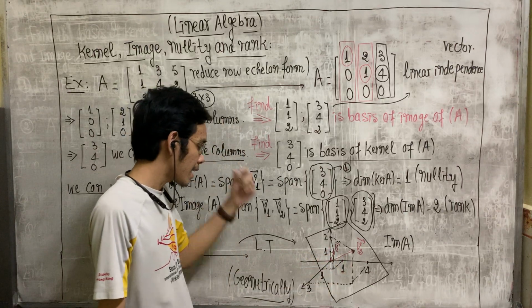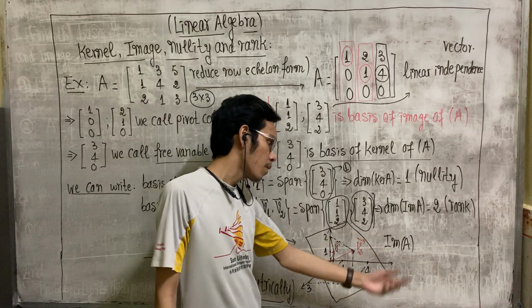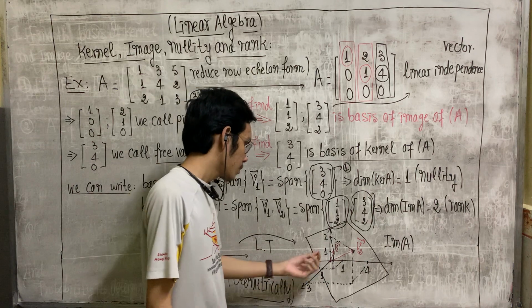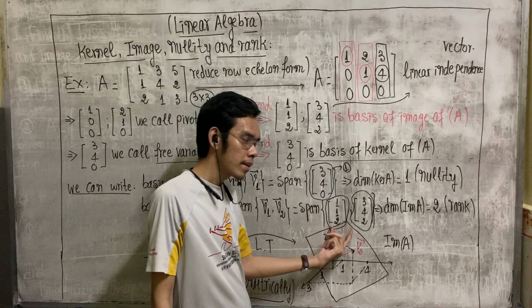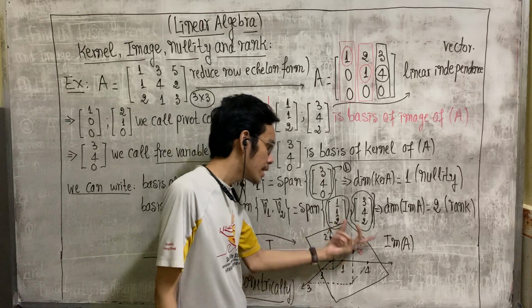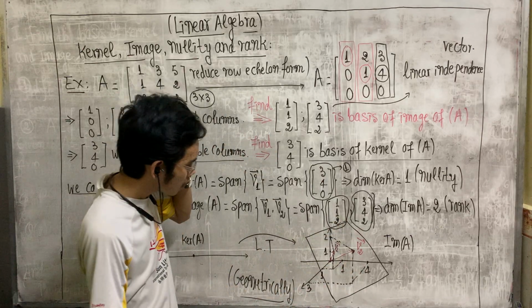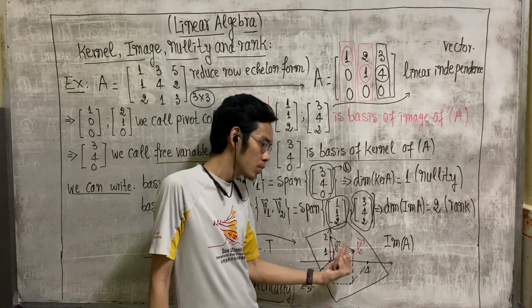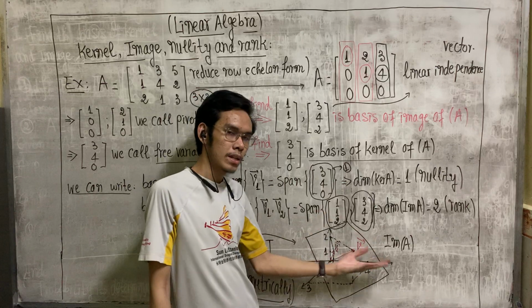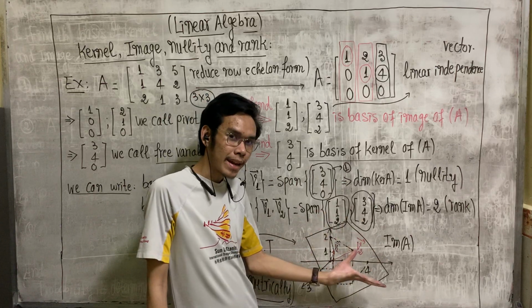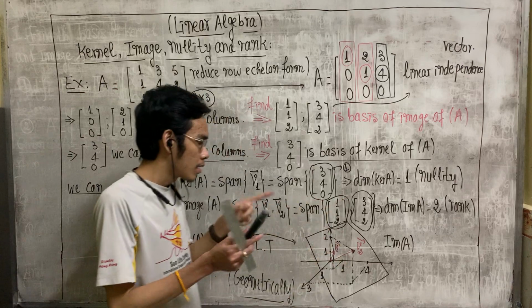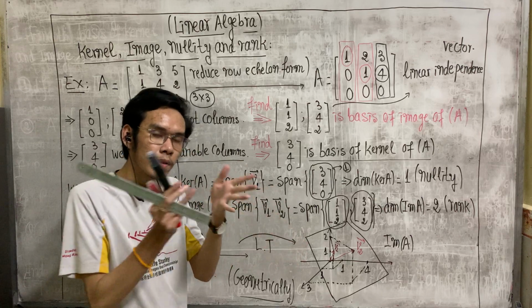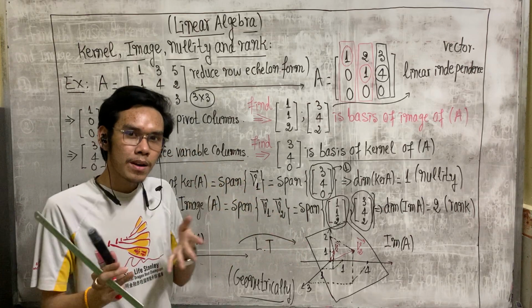Why do I say the image of the matrix A is a two-dimensional space? Because the vectors v1 and v2 span this plane. We call it a plane because we have only two linear independent vectors spanning it. It is created from the vector v1 and the vector v2 as a linear combination.